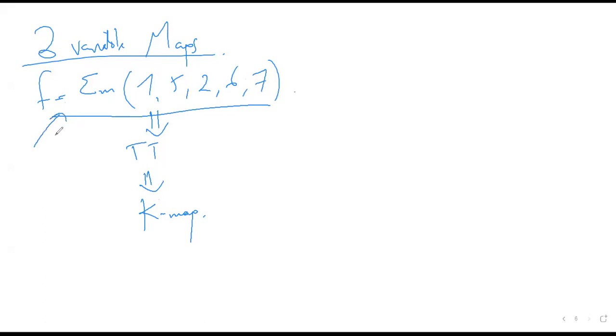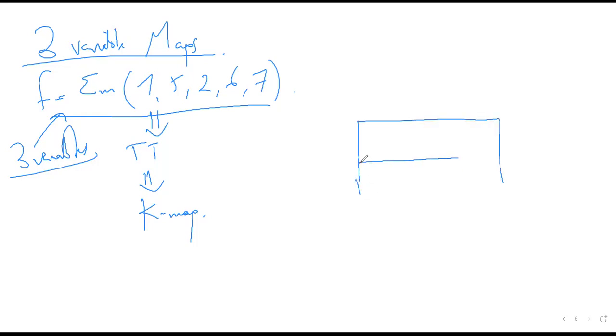This function has 3 variables. What does it mean? It has 8 possible outputs, 2 to the power of 3. With 8 possible outputs come 8 squares in our Karnaugh map.